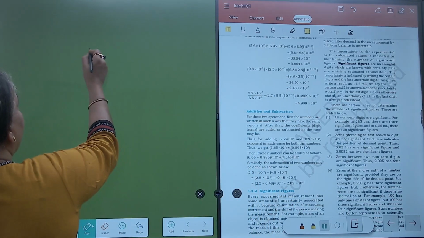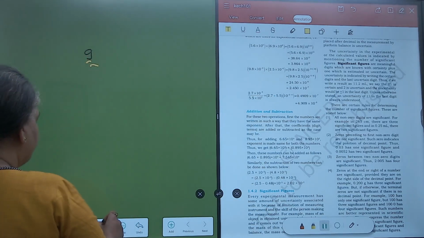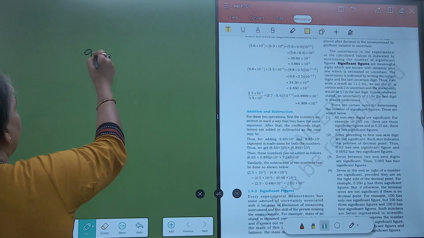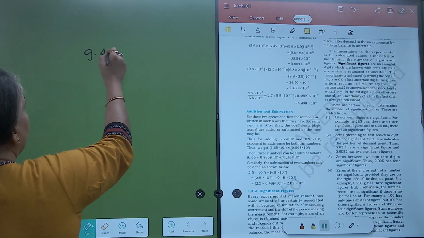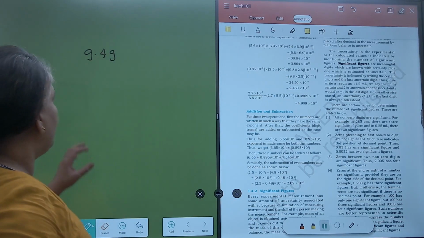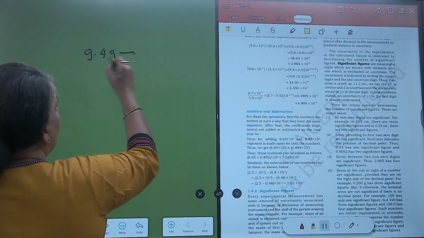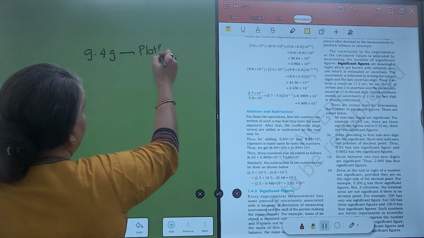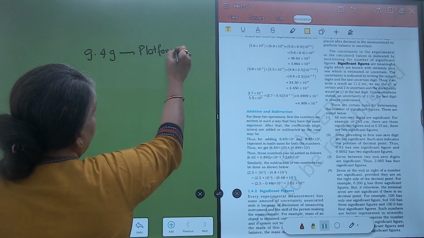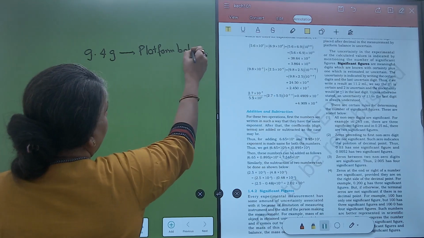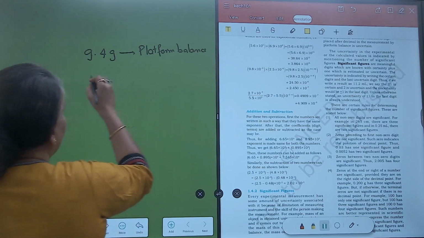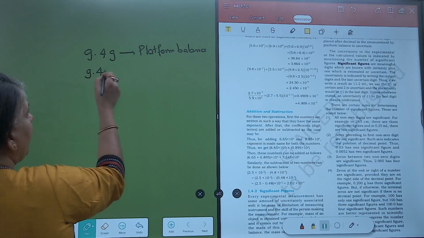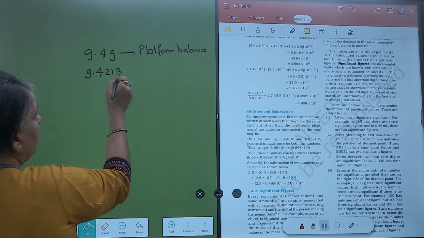I'm taking the values mentioned in the book. If the mass is measured with the help of a platform balance, the value comes out to be 9.4 gram. Similarly, the same mass is measured with an analytical balance, and the value comes out to be 9.4213 grams.